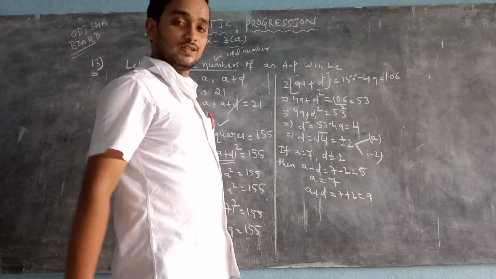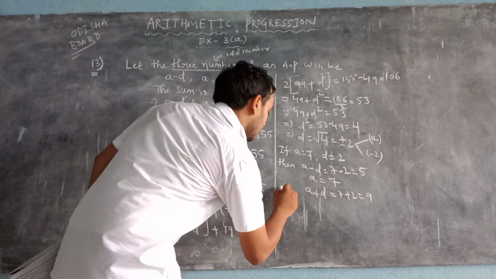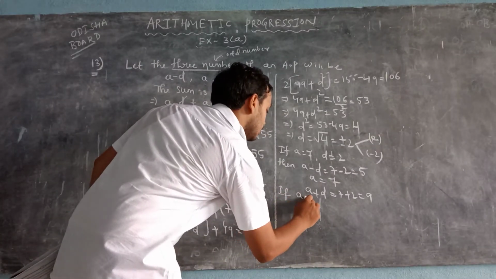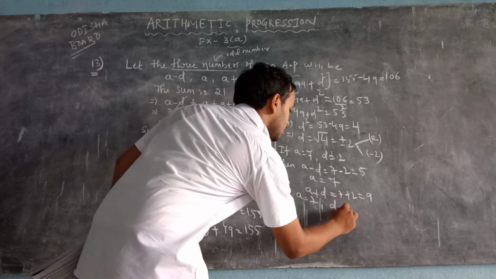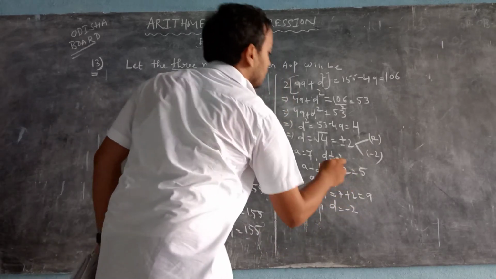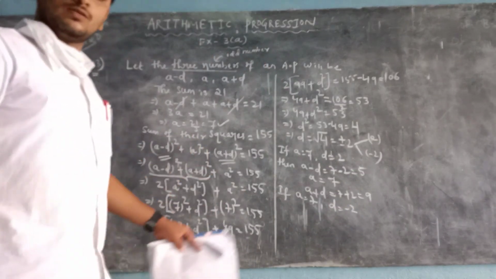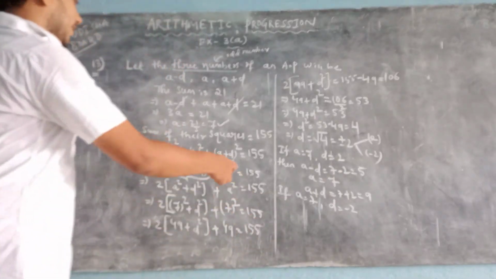We will form a series. If a is equal to 7, d is equal to minus 2, because d is equal to 2 and d is equal to minus 2. Take this.